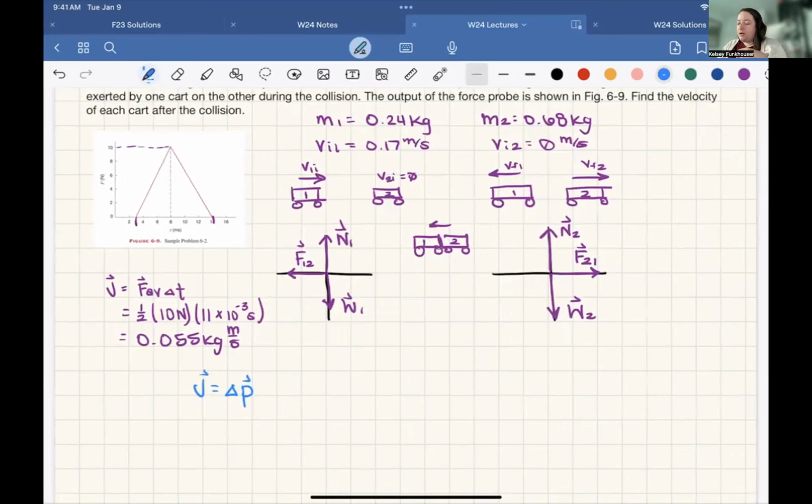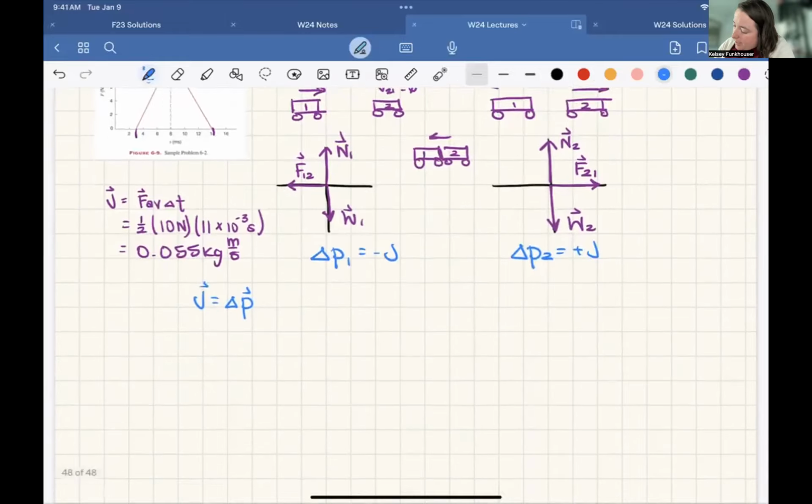And for cart 1, the force acts in the negative x direction, so that's going to be the negative of the impulse, negative J. And for cart 2, positive J.